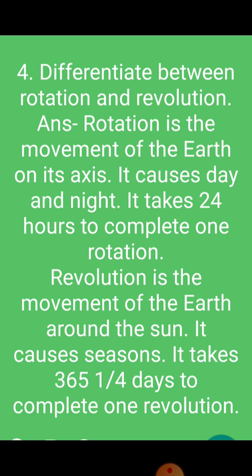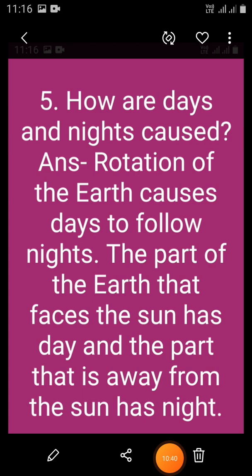It causes seasons. It takes 365 1/4 days to complete one revolution. Next question. How are days and nights caused? Answer: rotation of the earth causes day to follow night. The part of the earth that faces the sun has day, and the part that is away from the sun has night.